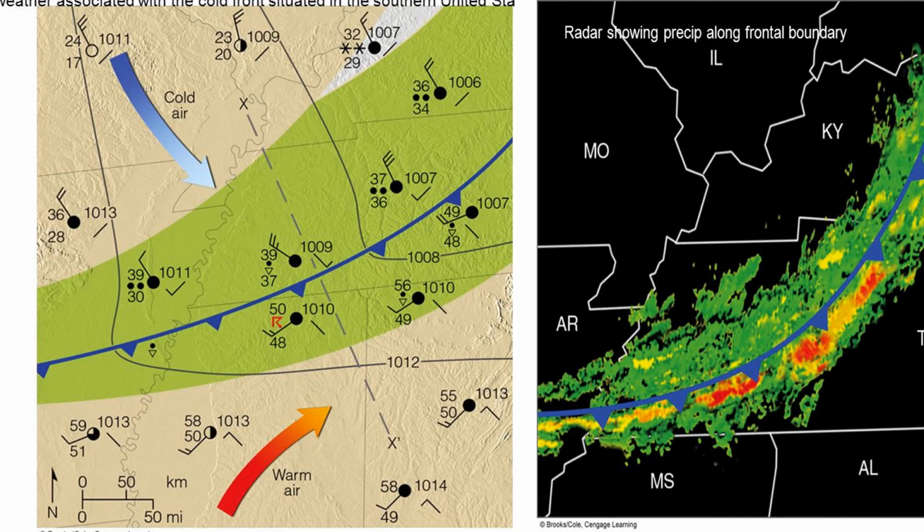If you look very closely, you can notice that the light to moderate rain, colored in green, occurs over a wide area along the front, while the heavier precipitation, in yellow, is found in a very narrow band along the front itself. A strong thunderstorm is shown here as red in a certain area along this front.